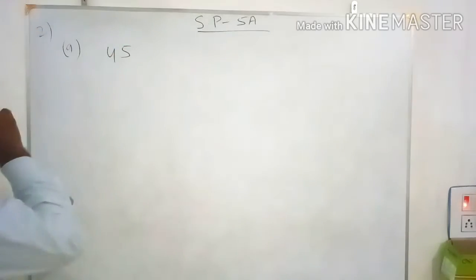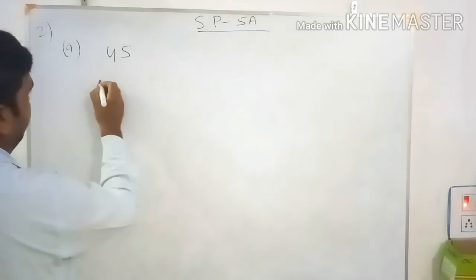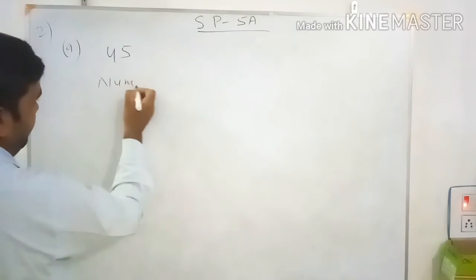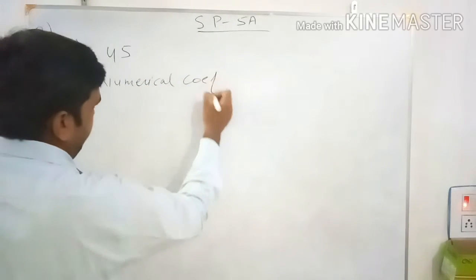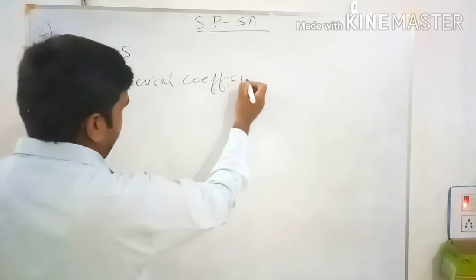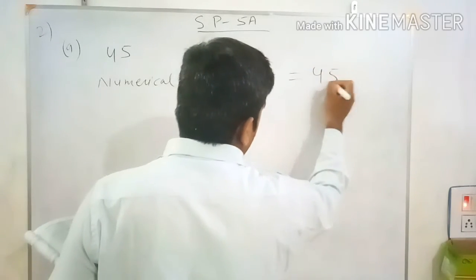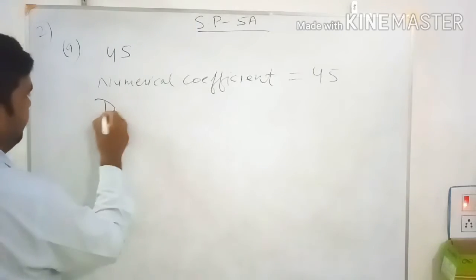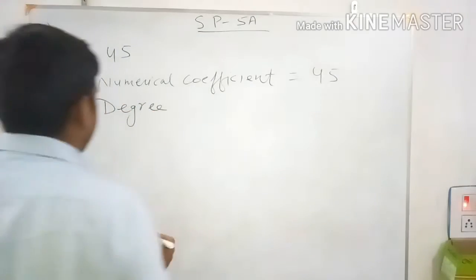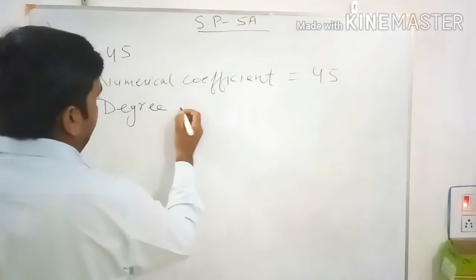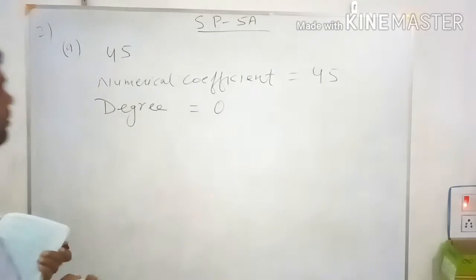The numerical coefficient is 45, and the degree equals 0.